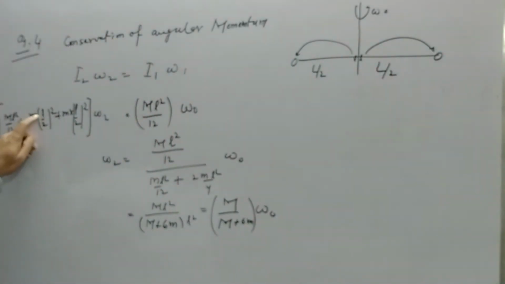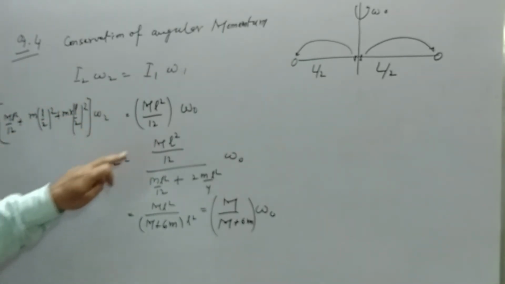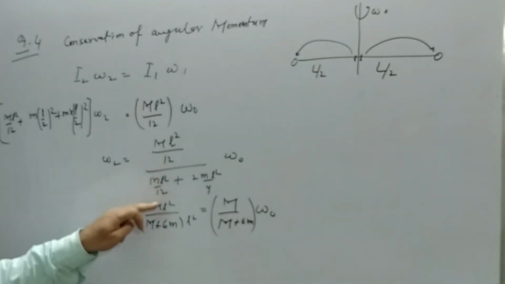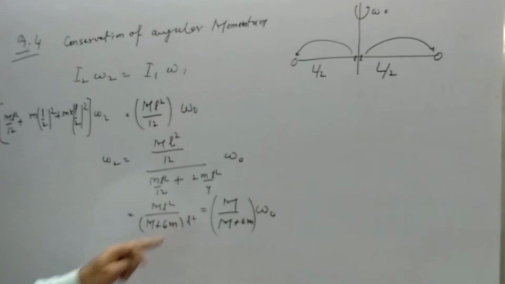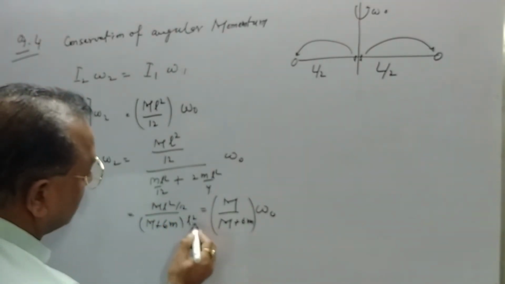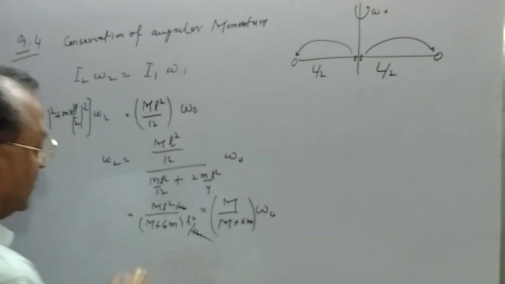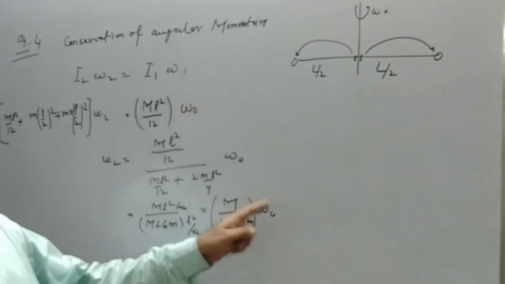So m l by 2 whole square plus m l by 2 whole square gives the total, with omega 2. Omega 2 is equal to M l square by 12 over M l square by 12 plus 2 times m l square by 4. The l square by 12 cancels, and this gives M by M plus 6m omega naught.